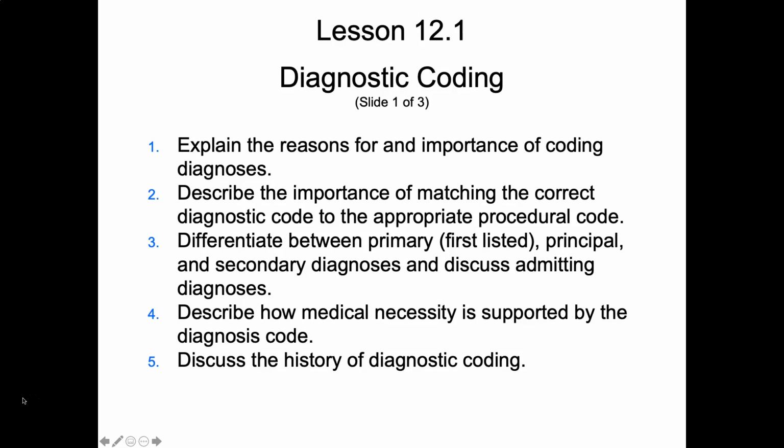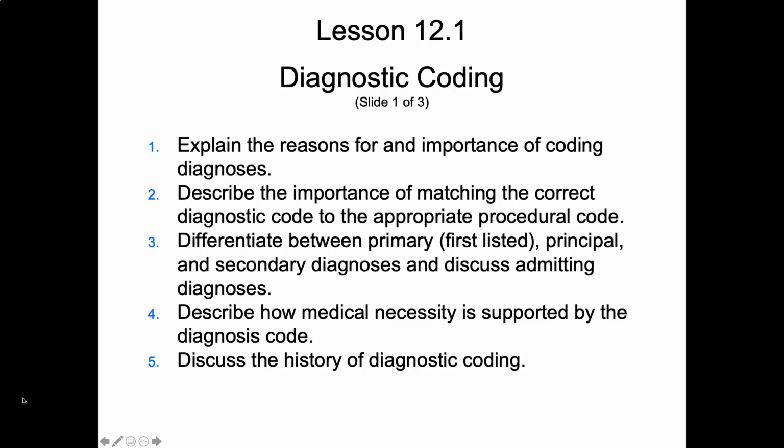Basically, the reasons for and importance of coding diagnoses, and the importance of matching the correct diagnostic code to the appropriate procedural code. Because you are not doing inpatient coding, we are not doing ICD-10-PCS. You won't need to worry about procedural codes until we get to Chapter 13 and we begin with CPT-4.